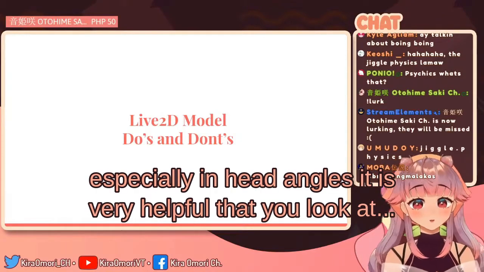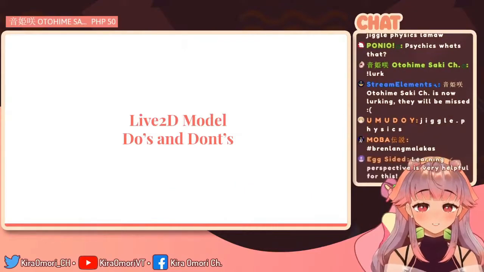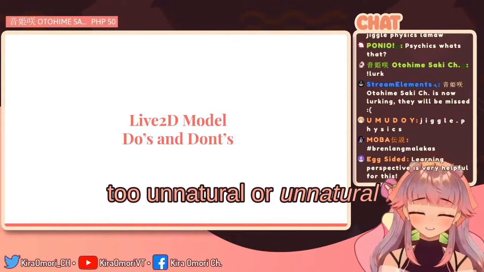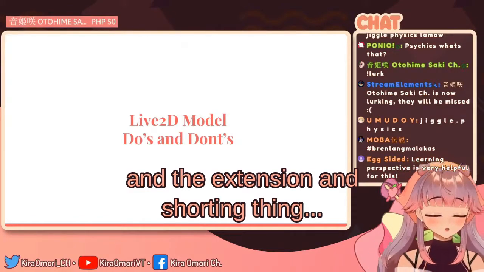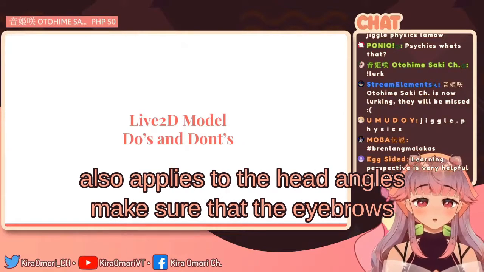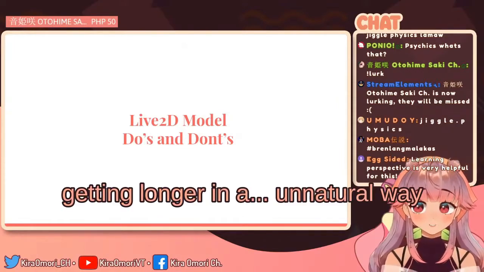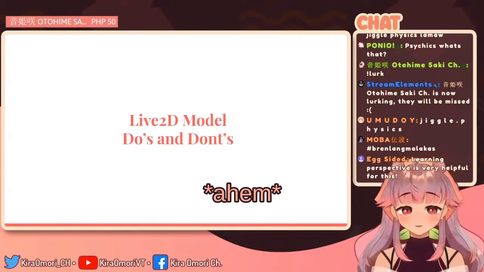It is very helpful to look at head angle references so it doesn't look unnatural. The extension and shortening thing also applies to head angles. Make sure that the eyebrows aren't shortening or getting longer in an unnatural way.